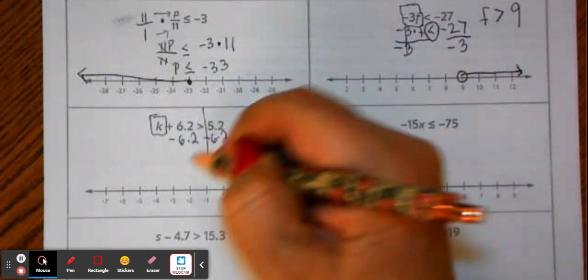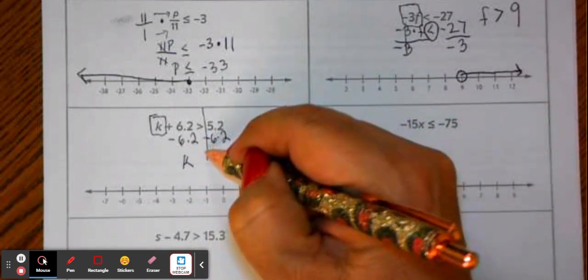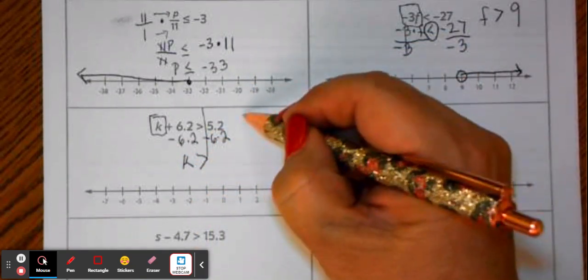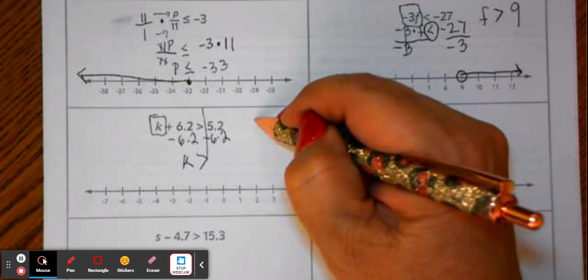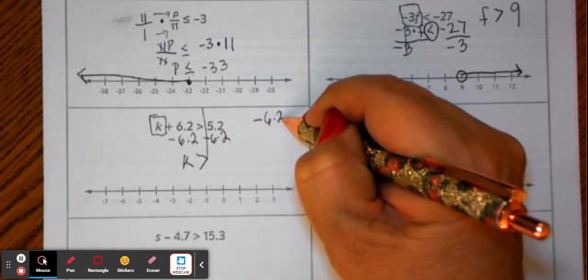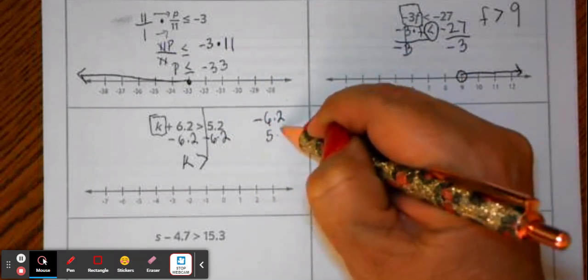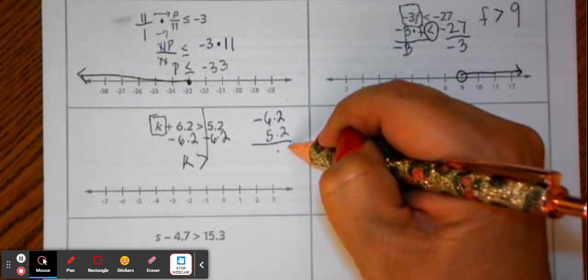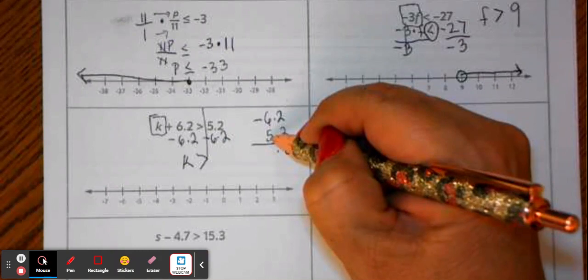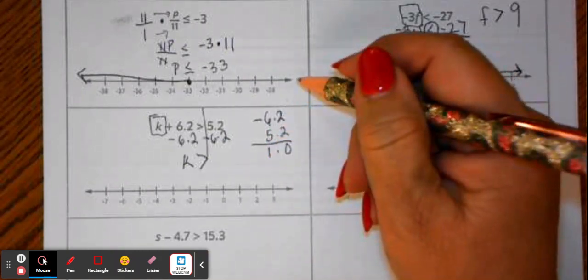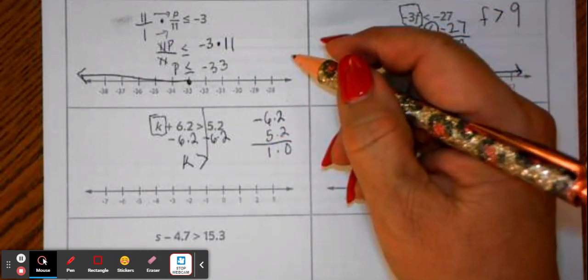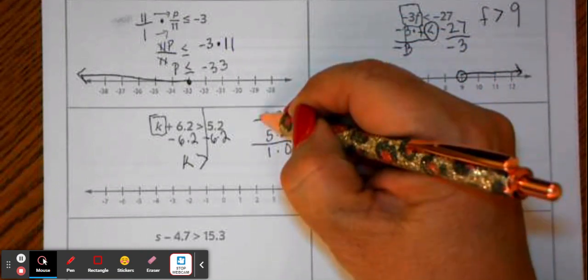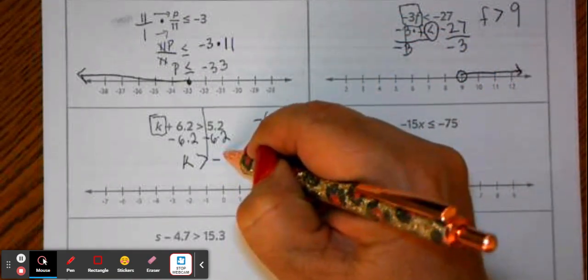Now I'm going to bring down my k is going to be greater than, and if you get a little confused, I'm going to put my larger number on top, my smaller on the bottom. Bring down my decimal. 2 minus 2 equals 0. Negative 6 plus a 5 is equal to 1. So it's a negative 1.